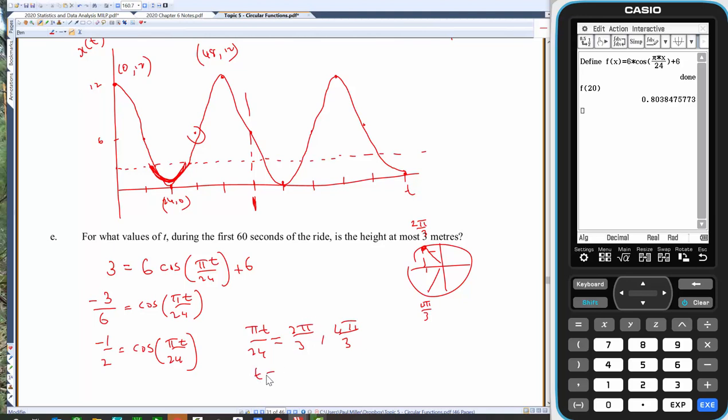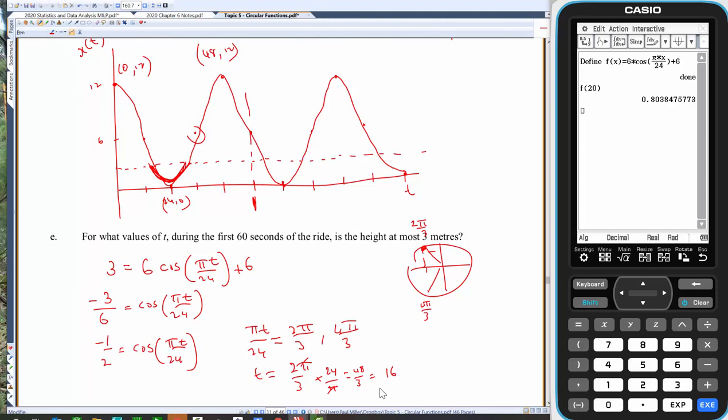All right, so t equals 2 pi on 3 divided by pi on 24, which is the same as 2 pi on 3 times 24 over pi. They cancel out. That's 48 over 3, which equals 16.